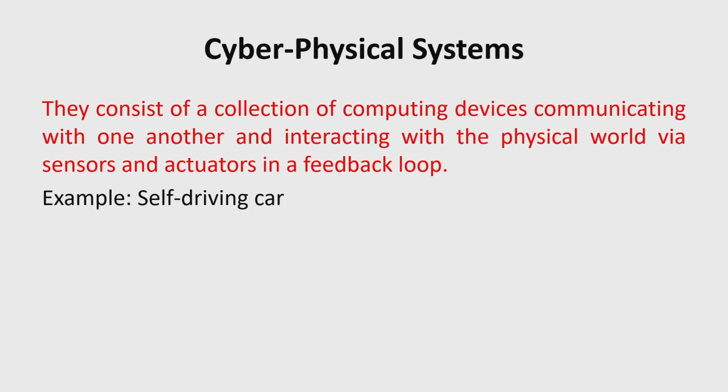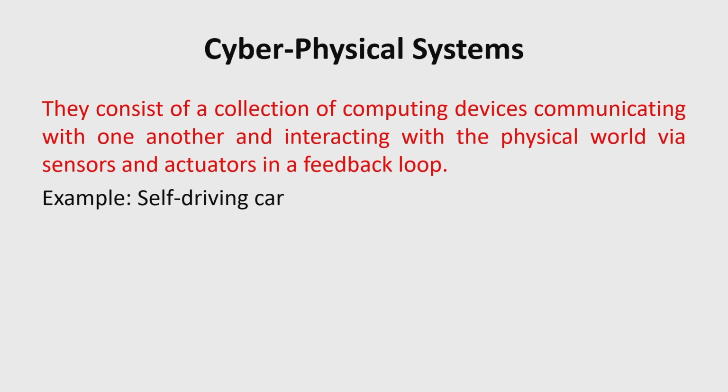In fact, a smart factory itself can be called a cyber-physical system. Many times people may confuse what is a cyber-physical system and what is IoT, therefore I must explain this. Cyber-physical systems are basically a collection of computing devices communicating with one another and interacting with the physical world via sensors and actuators in a feedback loop.